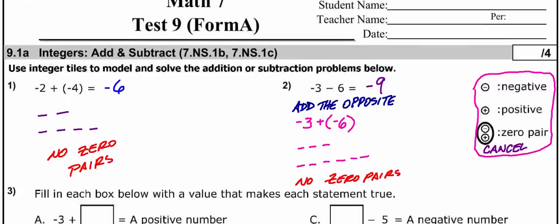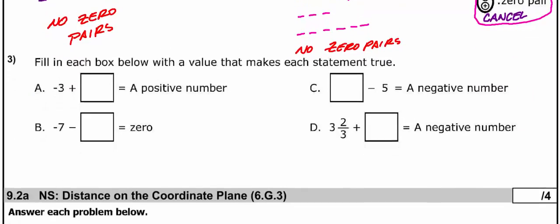Let's continue on now with the second half of 9.1, and that is the statement problems. In each of these 4 statement problems, they ask you to pick a value that will make each statement true. So what's a possible value that makes this statement true? Well, 4 makes this statement true. If you add negative 3 and 4, you get positive 1.